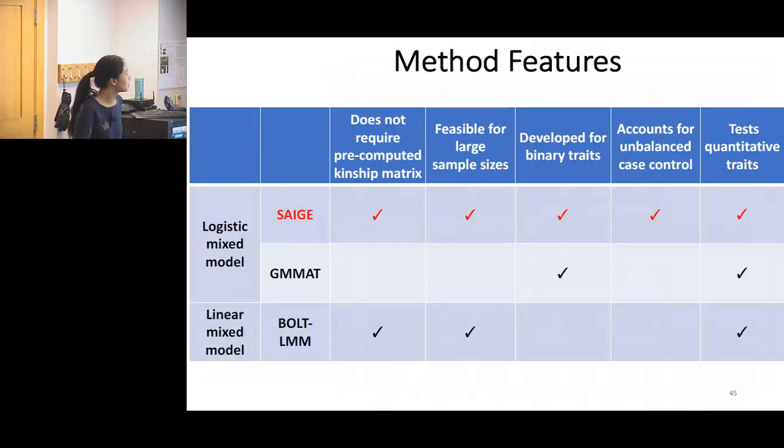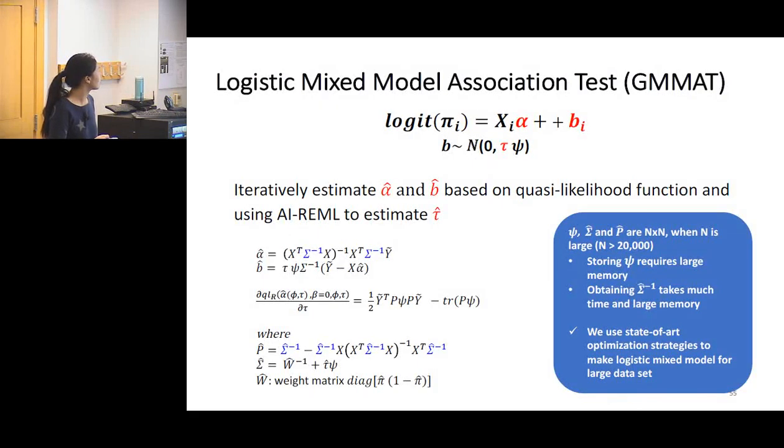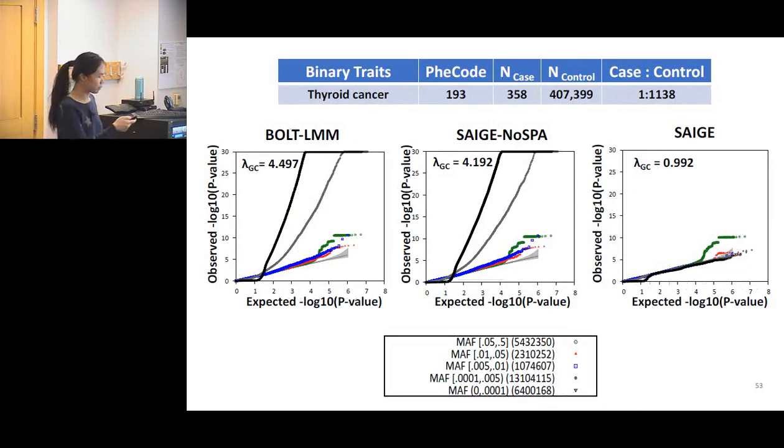Here I have QQ plots for thyroid cancer for the 3 methods we're comparing. Both MM and SAIGE without SPA are equivalent to GMAT, and this is SAIGE. The dots are stratified by minor allele frequency.